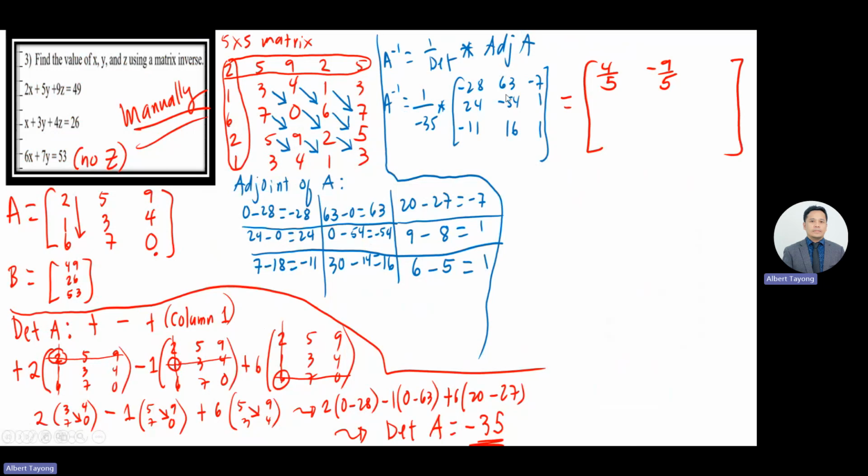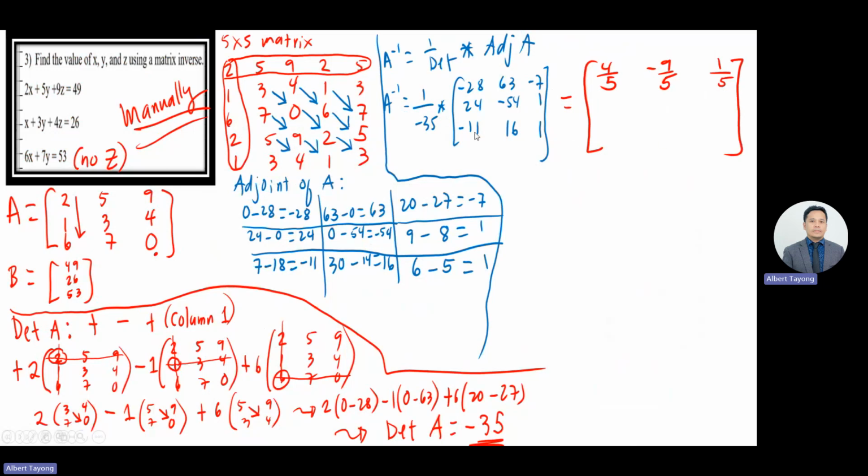But this is negative because we have positive and negative. 63 by 7 is 9. And 35 by 7 is 5. And here, negative 7, negative 35, it will become positive. So that will be 1 over, of course, 5. Because 7 by 7 is 1, 35 by 7 is 5.